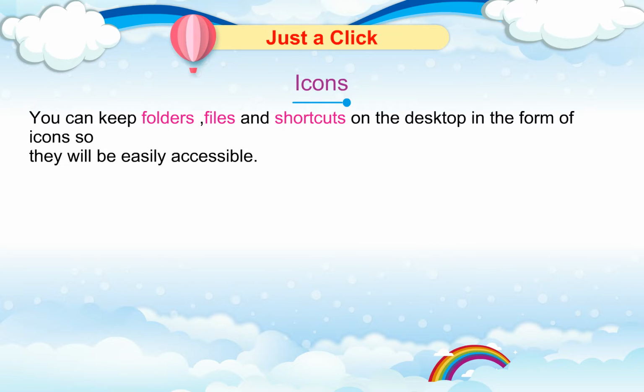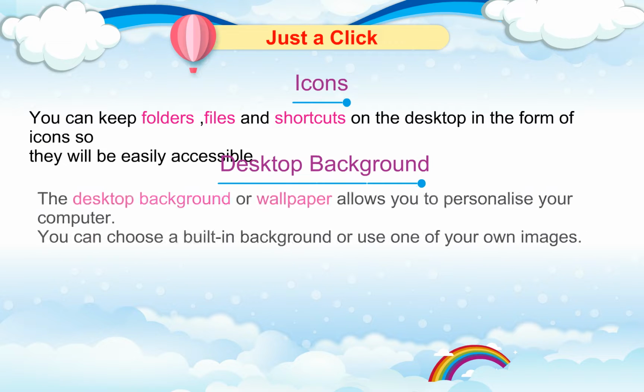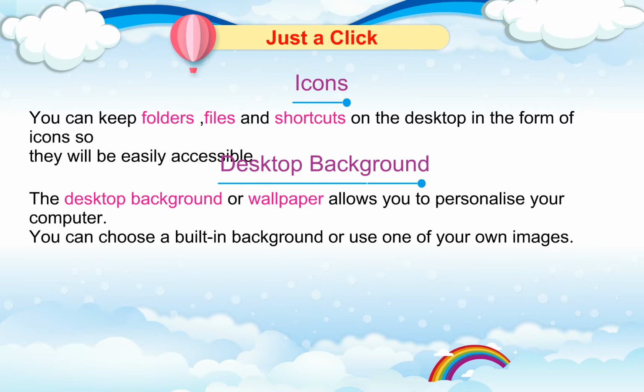Icons. You can keep folders, files, and shortcuts on the desktop in the form of icons, so they will be easily accessible. Desktop background. The desktop background or wallpaper allows you to personalize your computer.